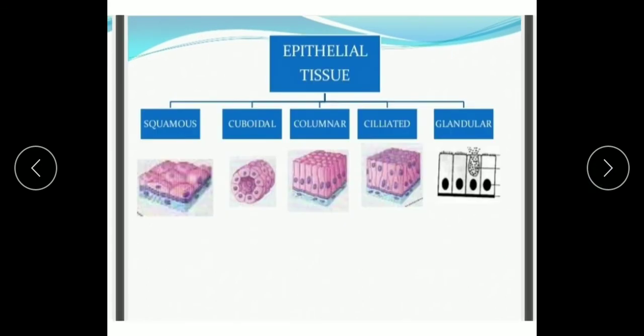First one, epithelial tissue. Today we are studying only epithelial tissue and its types. Epithelial tissue means the outer protective or covering layer of the body. It is called epithelium. It is classified into five major types, namely squamous epithelium, cuboidal epithelium, columnar epithelium, ciliated epithelium, and glandular epithelium.